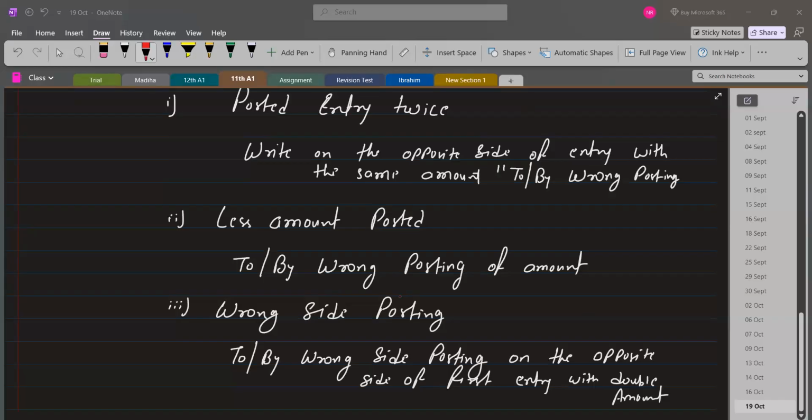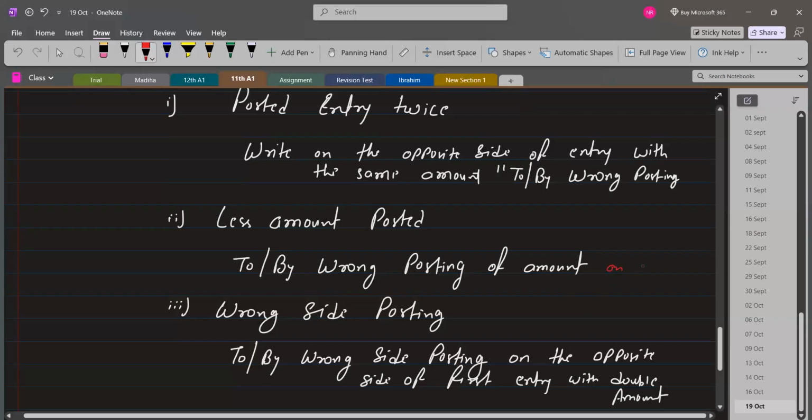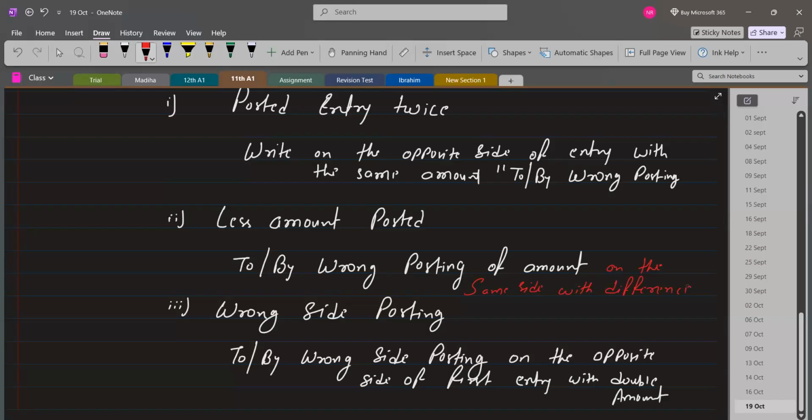In that case, by wrong posting of amount on the same side, you have to write the difference. Let's say you have written only 500, then you have to write 4,500 on the same side. Yes or no? Yes. So this is less amount posted.